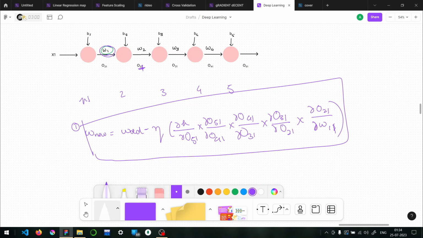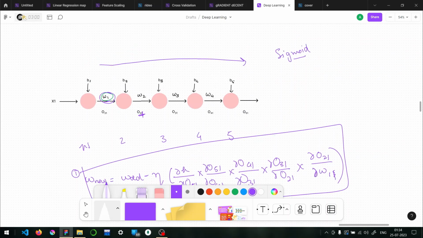Now you can easily see from this formula, like in the sigmoid function, let me make a graph for it. This is a sigmoid function, right? This is 0.5, and the graph is like this. It has its saturation point after this, and its negative saturation point like this.